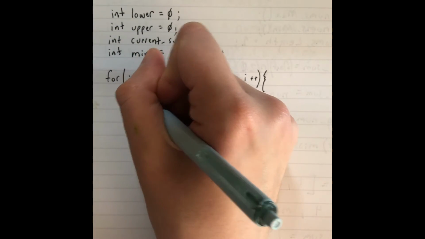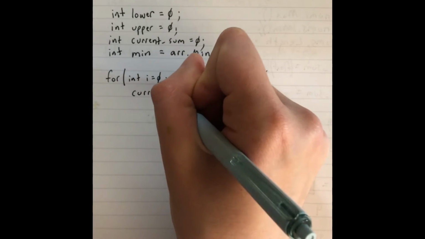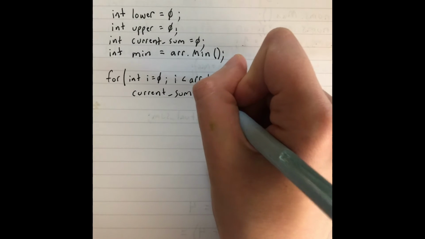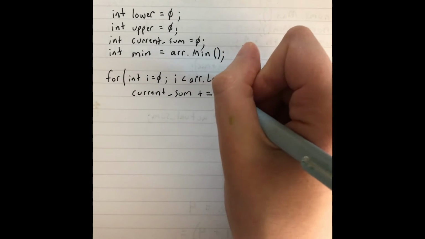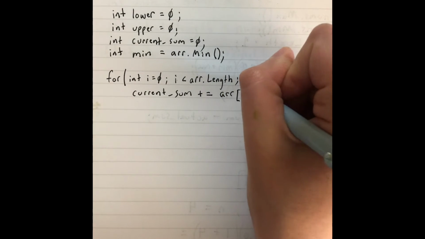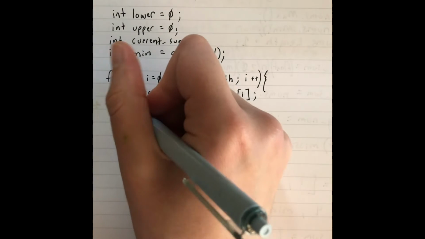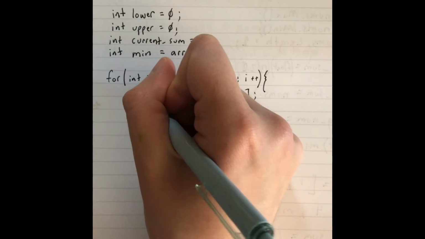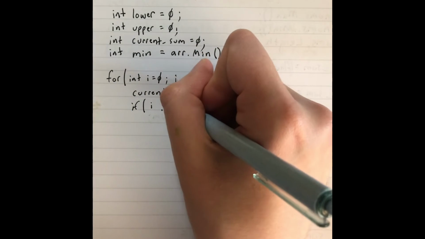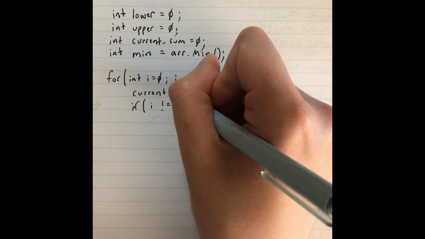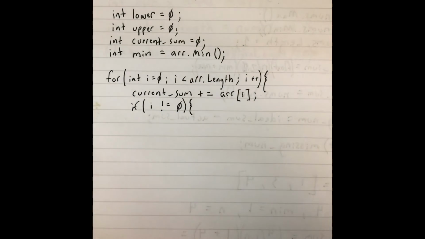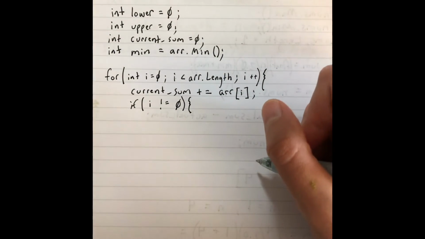We'll add to current sum the ith element, and if i does not equal 0, then we'll increment upper.